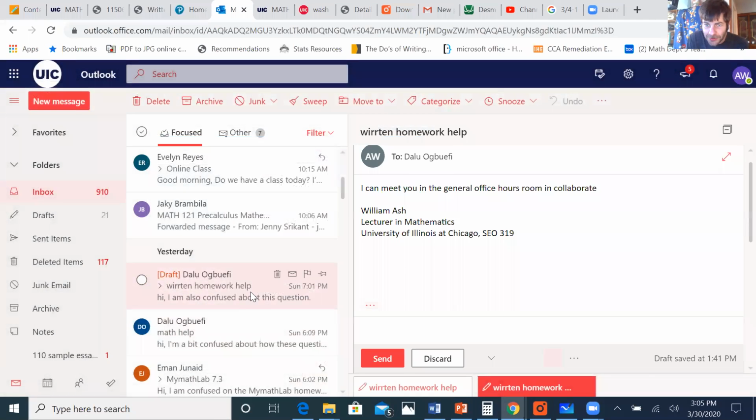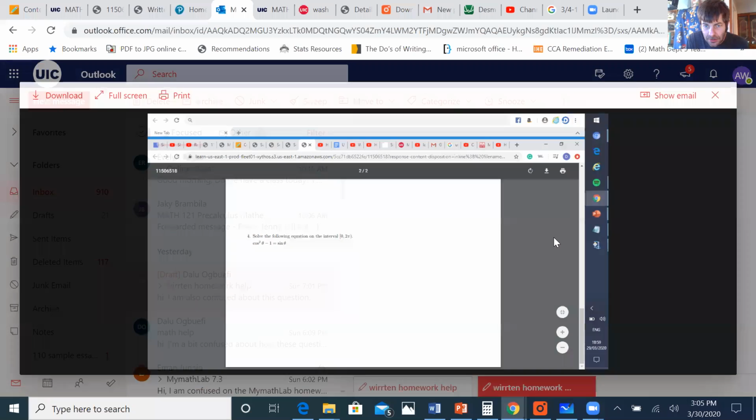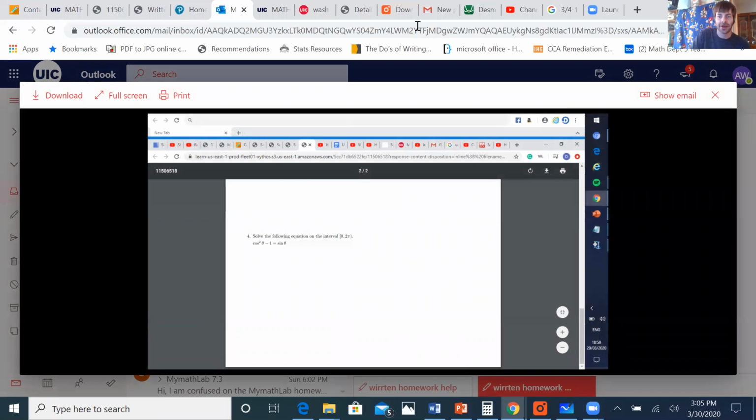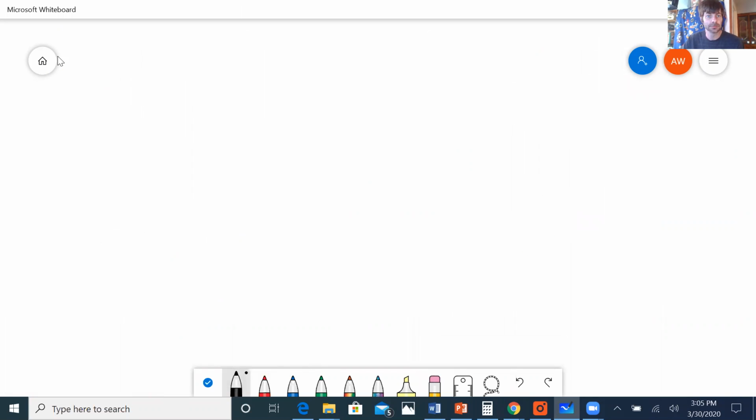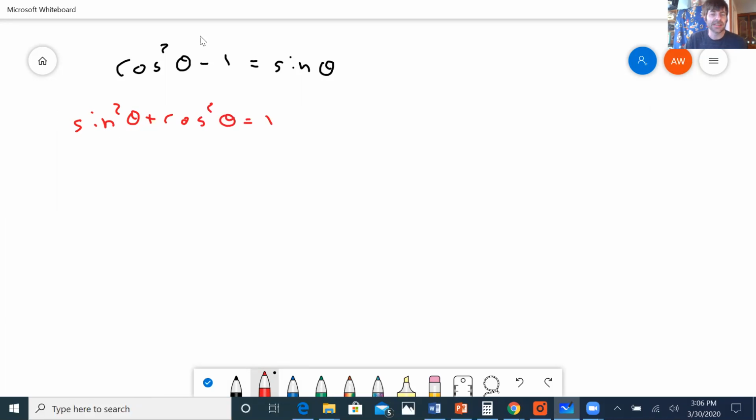Okay, and you also had another question. Oh, yeah, sure. Cosine squared minus 1 equals sine. So what I'm going to use here is that I can't solve these things unless I have all sines or all cosines.